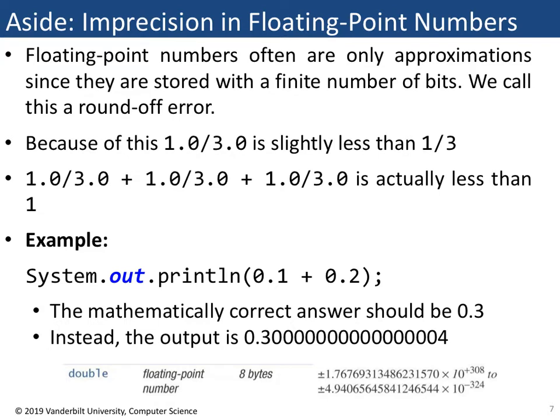In reality, this value is 0.3333, and so forth, 3 repeating. So this sort of repeating decimal point goes on for infinity. Well, that's not really possible to represent in a finite memory space. So therefore, the way that this is stored in the floating point number is just a long list of 0.3s.